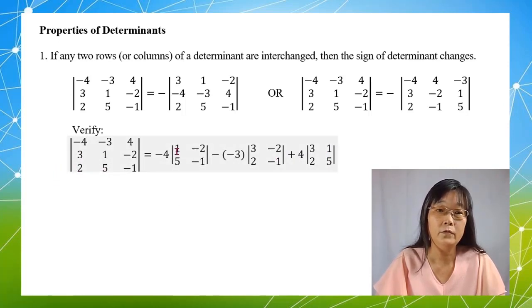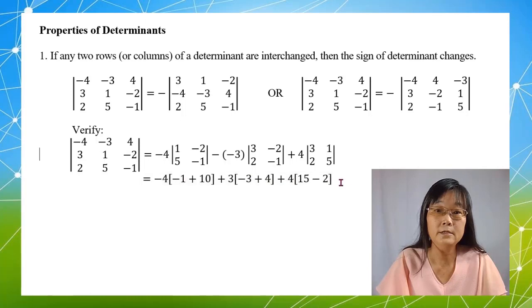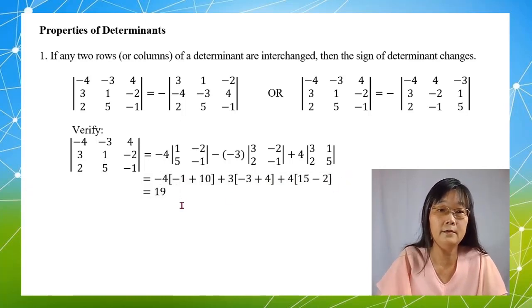Then we calculate the 2x2 determinants by using AD minus BC. Then we will get here. When we press the calculator, we find that the value is equal to 19.